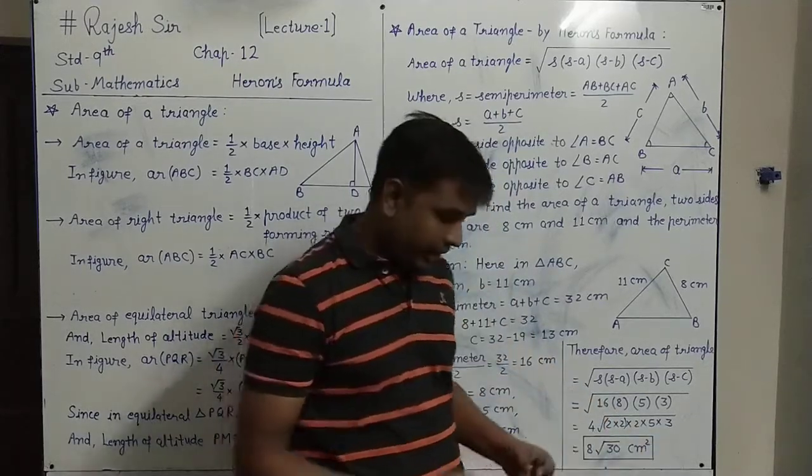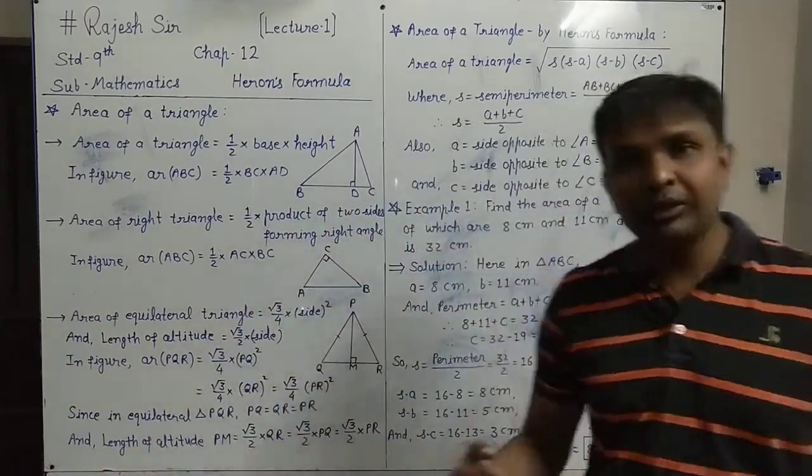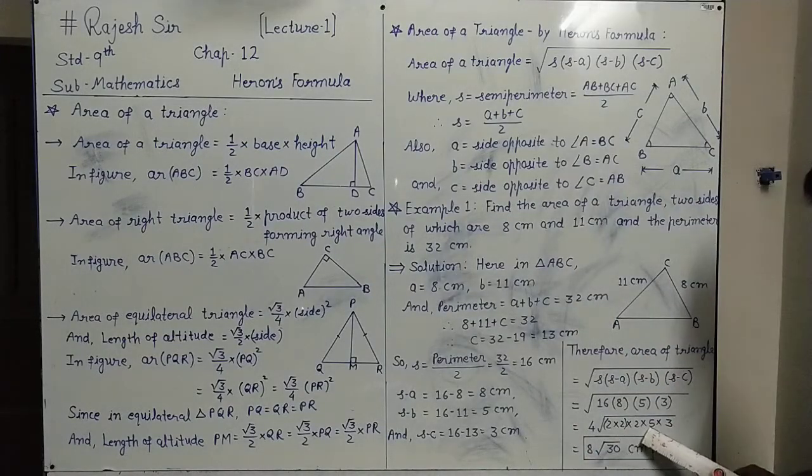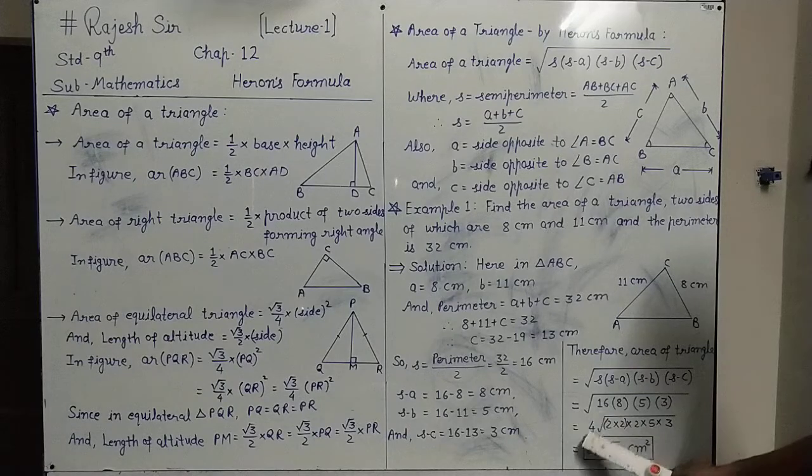All these three factors are single, with no pair, so they stay inside the root. We multiply them: 5 times 3 is 15, times 2 is 30. So 8 is outside and the root of 30 is inside.